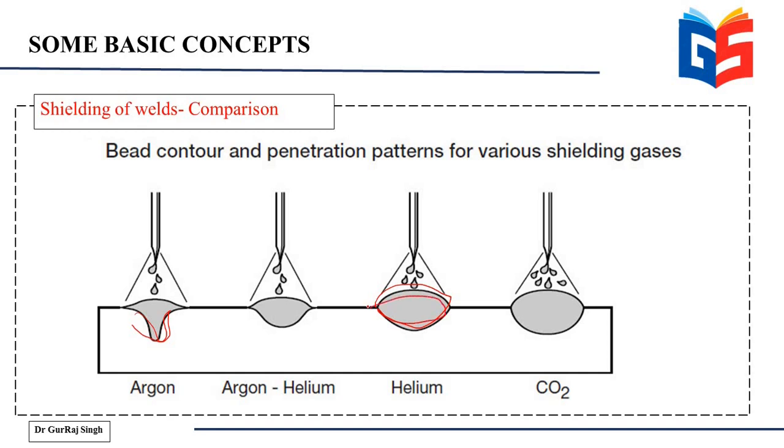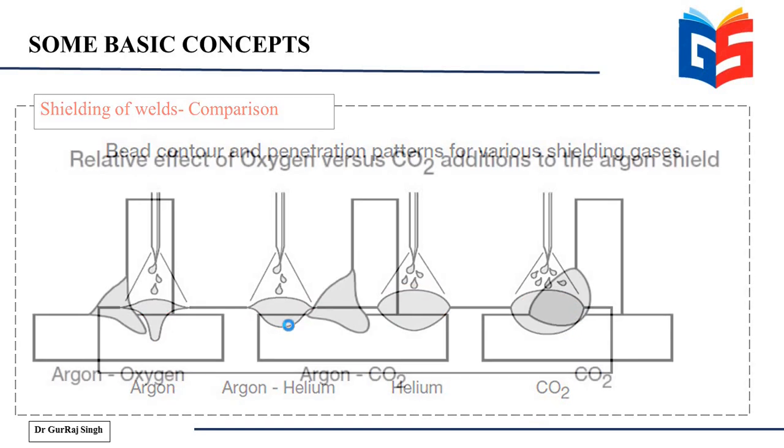So the bead profile is entirely different from argon when you're using pure helium. When you use CO2 purely, the bead profile is an expanded version when you compare it with helium. And when you're mixing argon and helium, the bead profile is somewhere in between argon and helium. So the intermediate will be achieved.